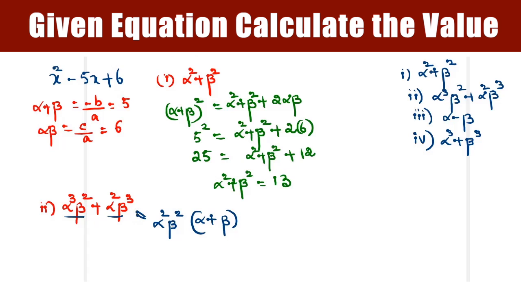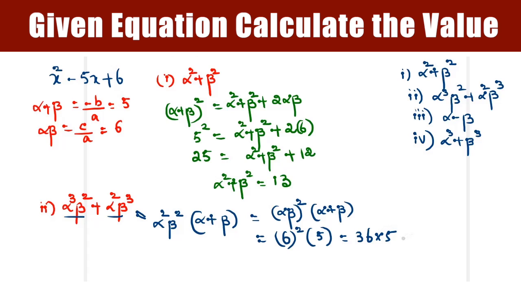So I have reduced the input to alpha square beta square into alpha plus beta, which is nothing but alpha beta the whole square into alpha plus beta. So I'm simply substituting the values. Alpha beta is 6, so 6 the whole square into alpha plus beta, which is 5. So this is equal to 36 into 5. 36 5s are 180.